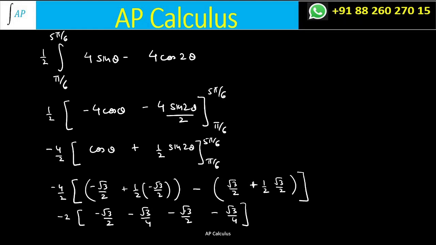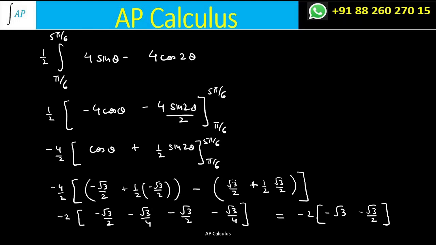Let's solve this part: minus 2 is outside, minus root 3 by 2 minus root 3 by 2 will be minus root 3, and minus root 3 by 4 and minus root 3 by 4 will become minus root 3 by 2.